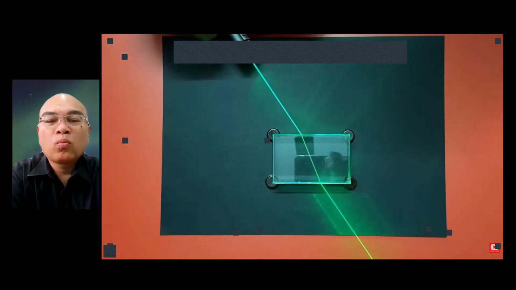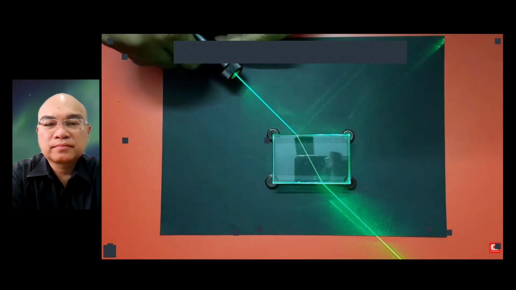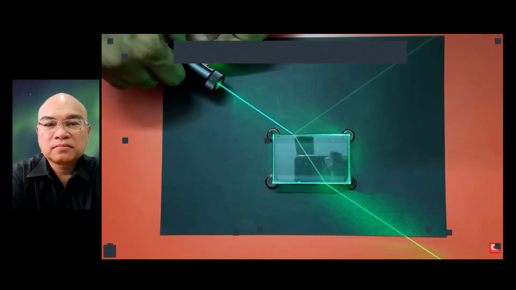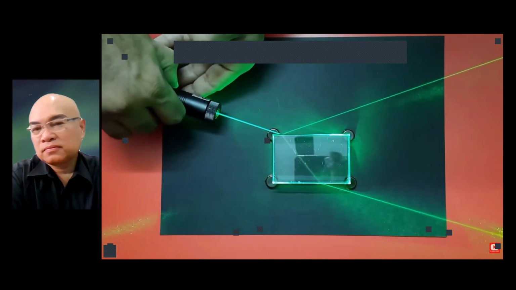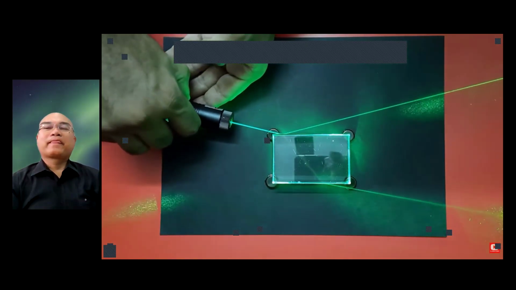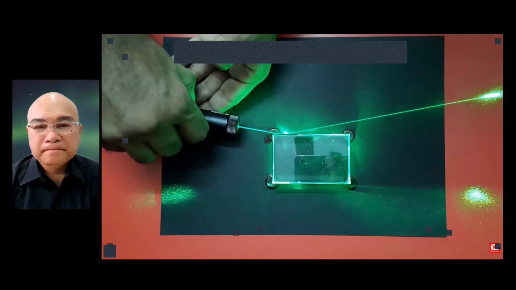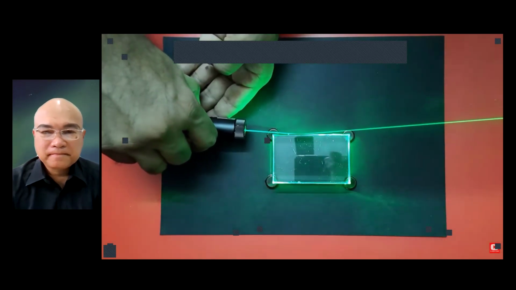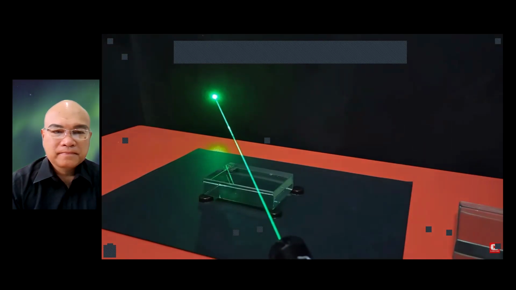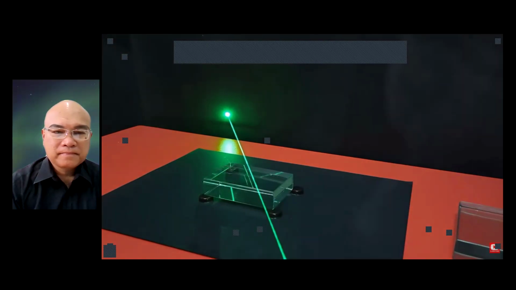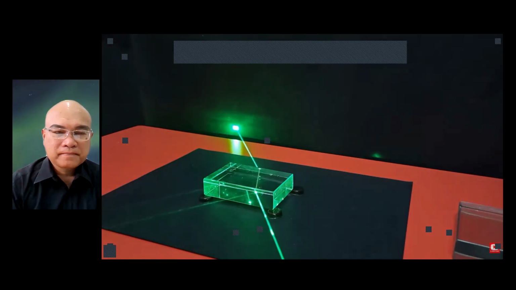You will observe a slight bending of laser beam towards the normal in the glass slab. Increase the angle of incidence further and you can see the amount of bending of laser beam also increases. Observe the refraction of laser beam through a different angle for better clarity. Here you can see in air medium the laser goes straight, but when it enters the glass medium, bending takes place.